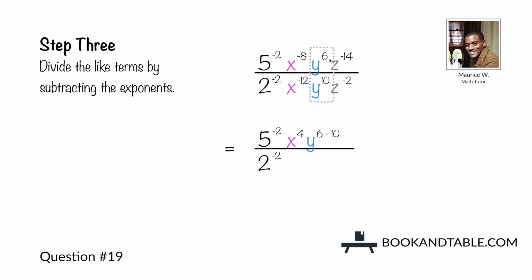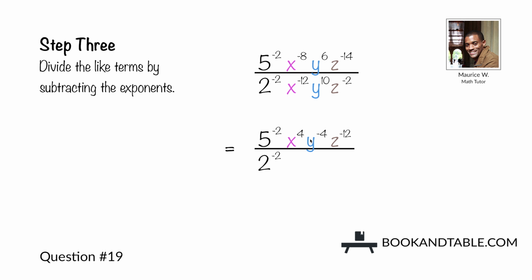Y to the 6 divided by y to the 10th is equal to y to the 6 minus 10, which is negative 4. And then z to the negative 14 divided by z to the negative 2 is equal to z to the negative 14 minus negative 2, which is z to the negative 14 plus 2, which is z to the negative 12.